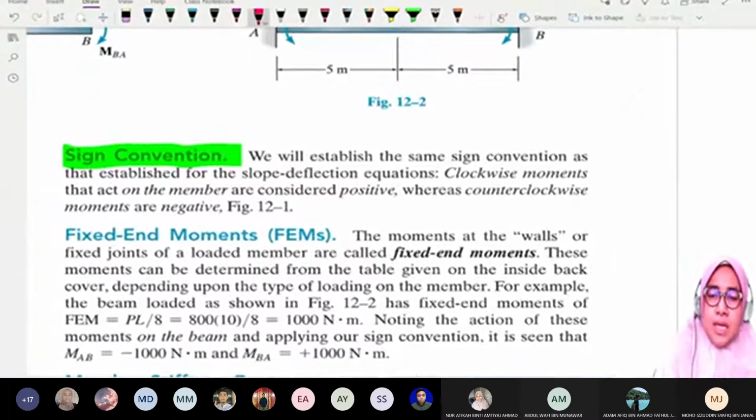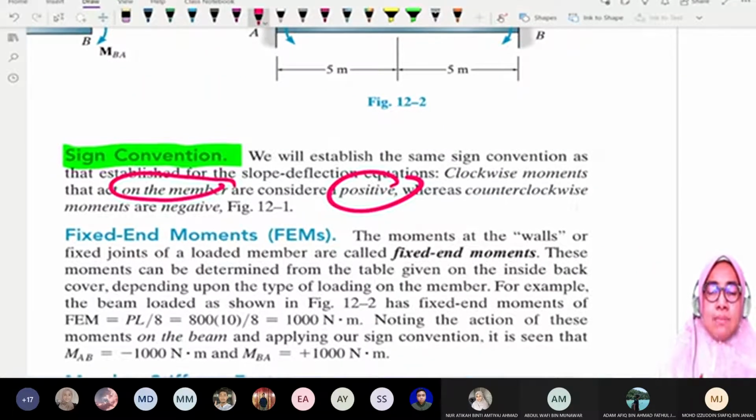It is stated that we will establish the same sign convention as that established for the slope deflection equation, meaning chapter 11, where clockwise moment that acts on the member is considered positive. Remember this: clockwise moment acting on the member is positive, whereas counterclockwise is negative, the opposite condition.